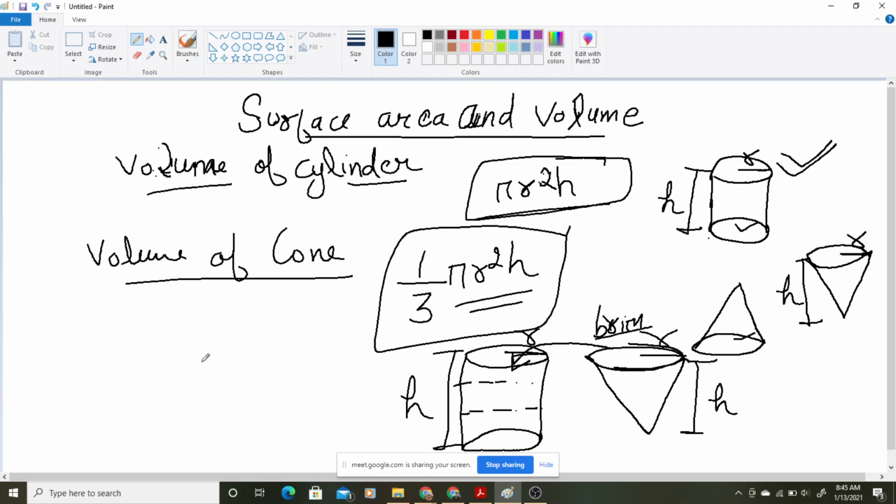You can do this experiment on your own. Just make a cylinder and a cone with the same radius and same height.